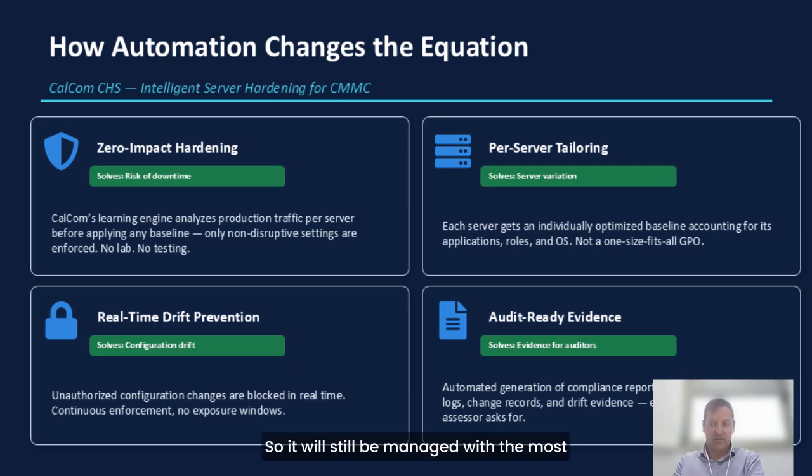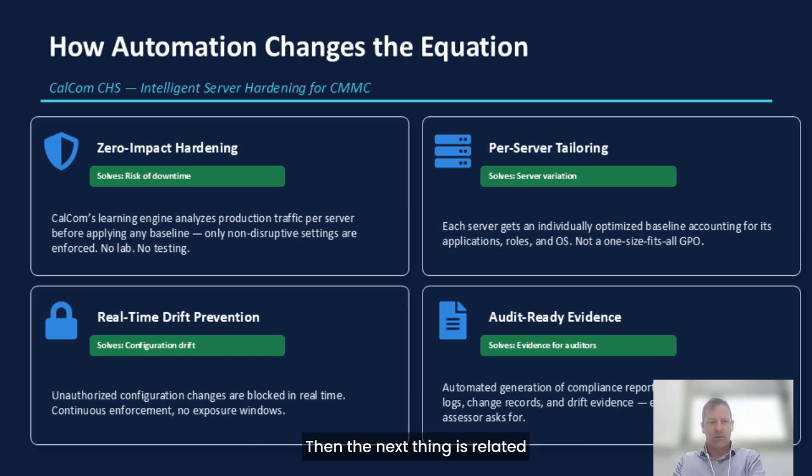So it will still be managed with the most robust baseline, but you won't break systems. We have the ability to directly manage the hardening of the server or of the system without creating GPOs, without the challenges associated with managing systems at the domain level.